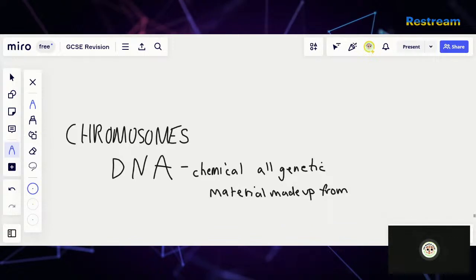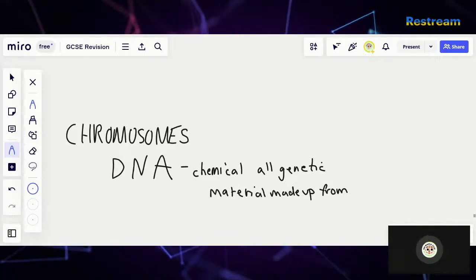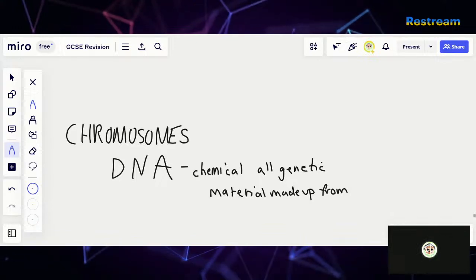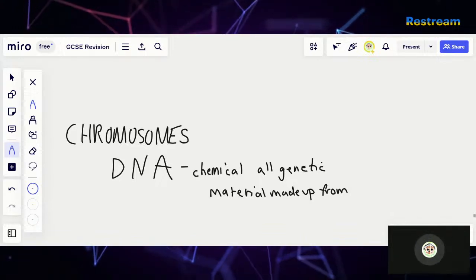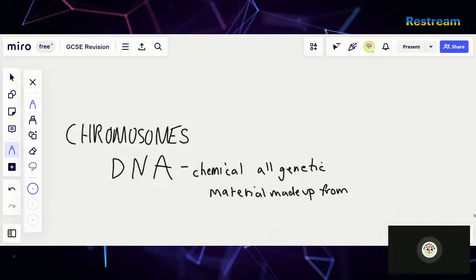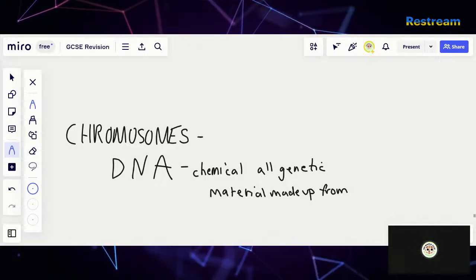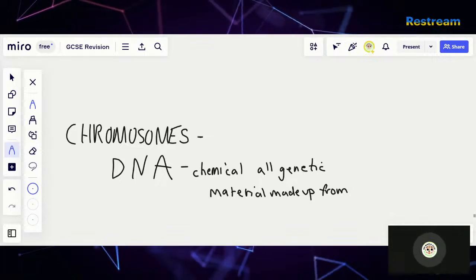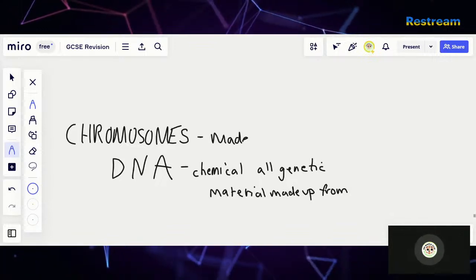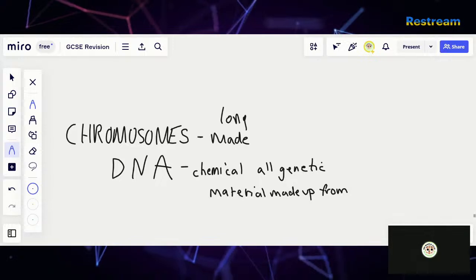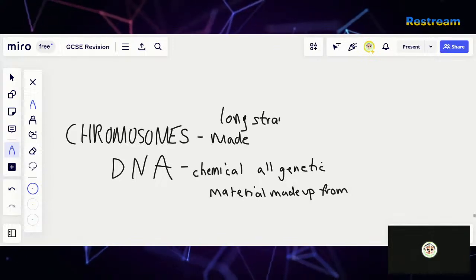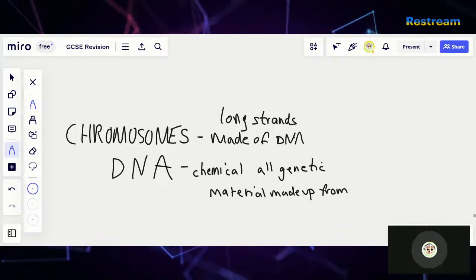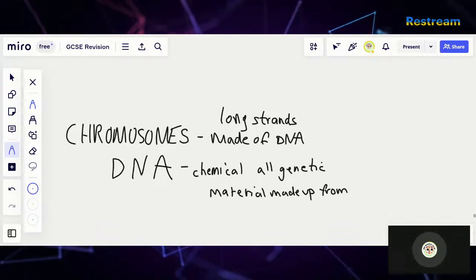So chromosomes normally come in pairs, and DNA is a polymer made up of two strands, and these two strands coiled together form a double helix. So you have chromosomes, which are made up of DNA, so long strands of DNA. So chromosomes are these long strands made of DNA.